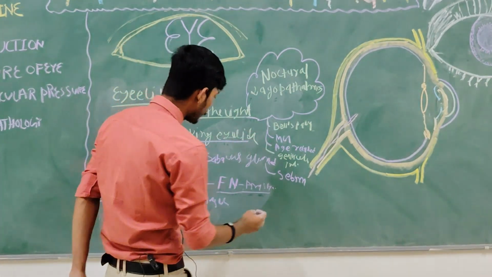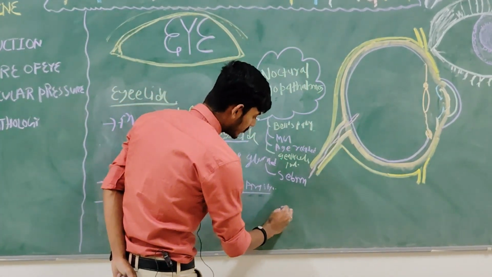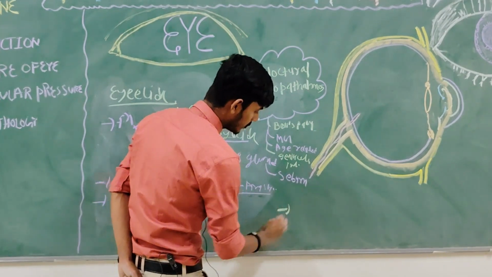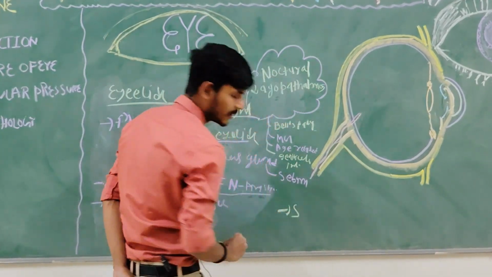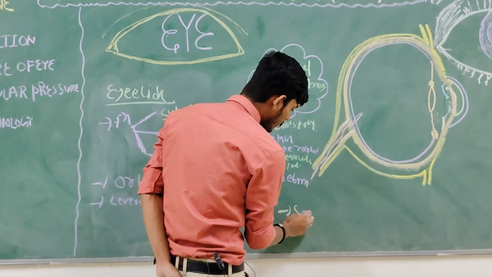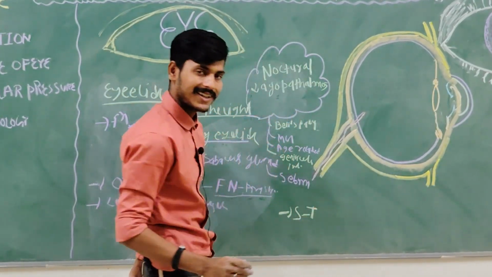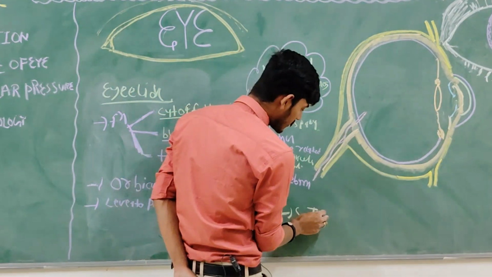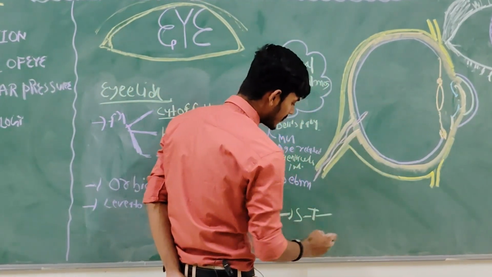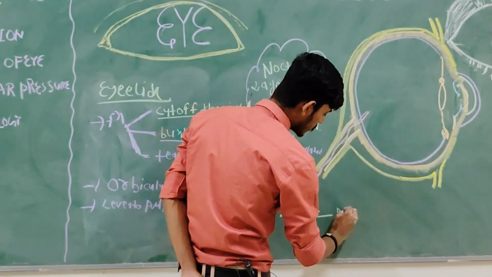So what happens is the message from the sclera goes to the trigeminal nerve, and the trigeminal nerve takes this message and sends it into the brain stem.